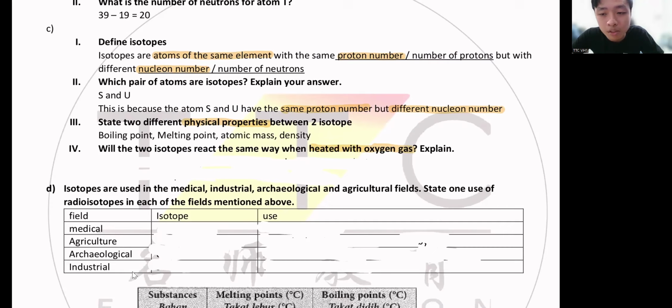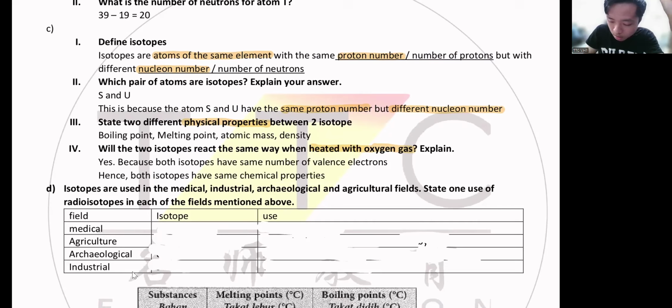So now isotopes have different physical properties, but they have the same chemical properties. Sorry, I also haven't woken up. So physical properties, they have different.